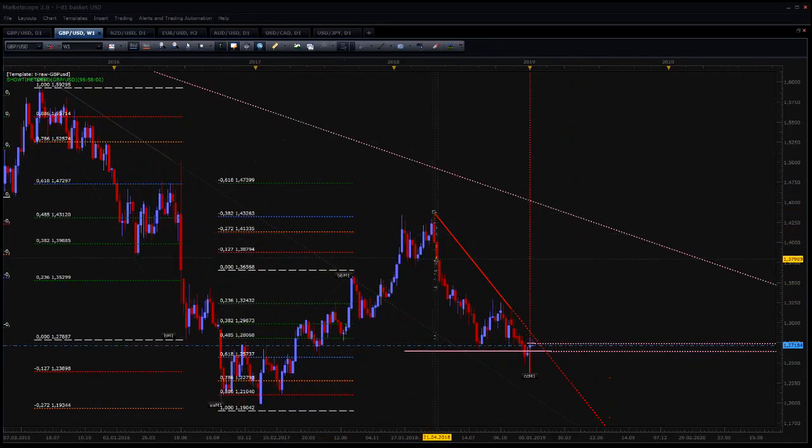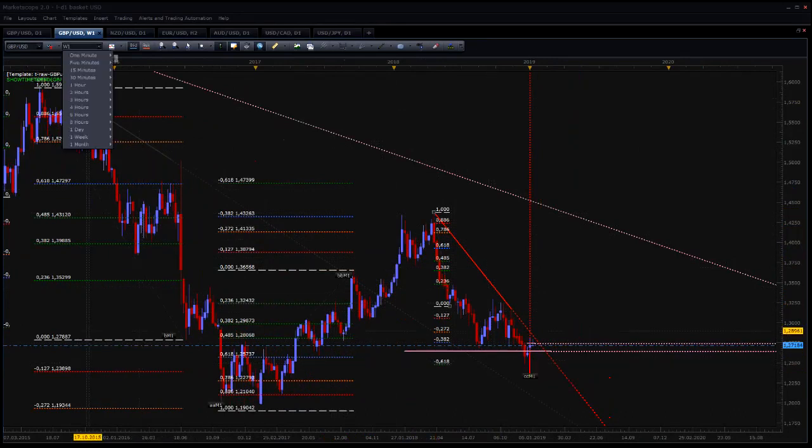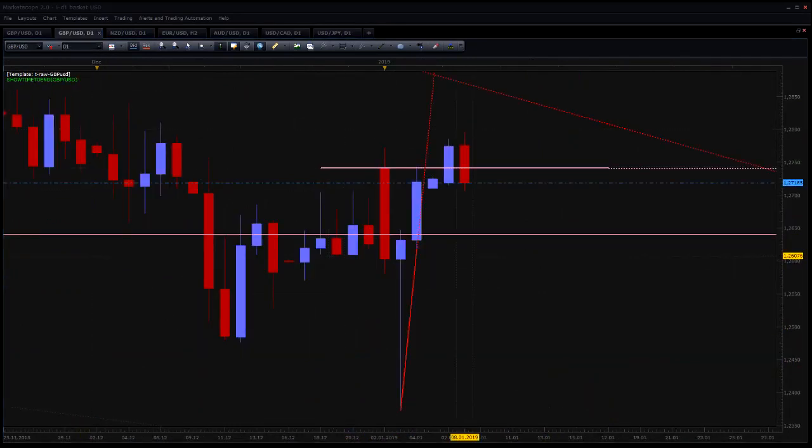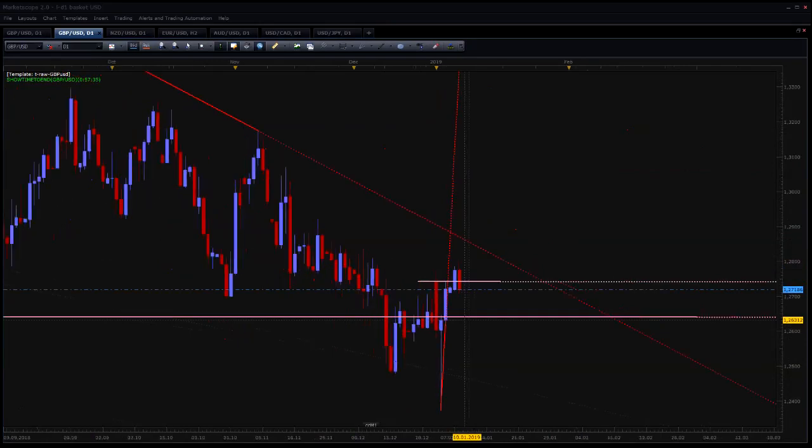And because we are in a downtrend, I believe this would be the wave. Pull back and completed the wave. Then, yeah, I think it is. So if we switch to daily, yeah, it completed the wave.